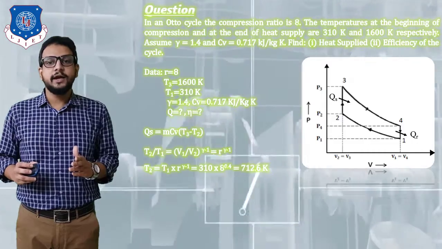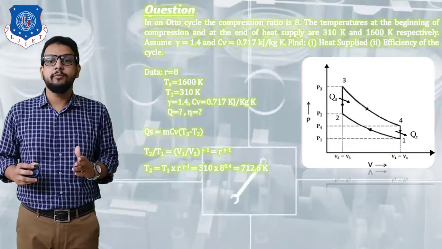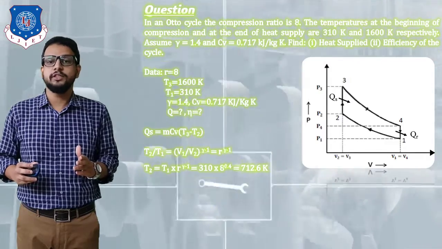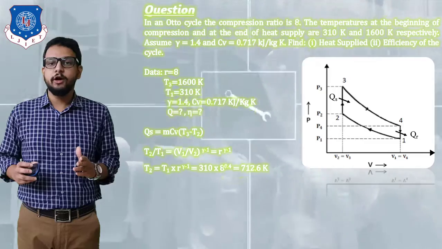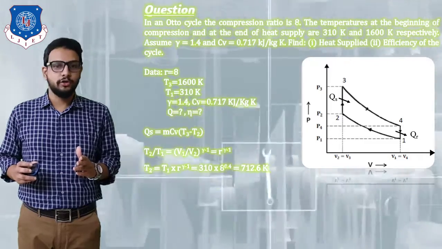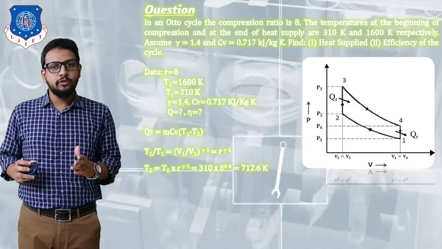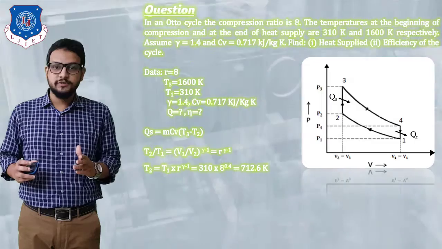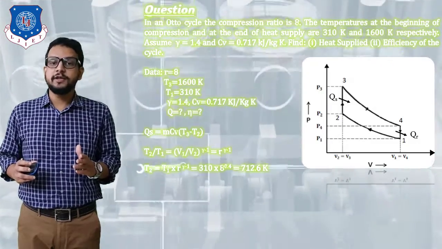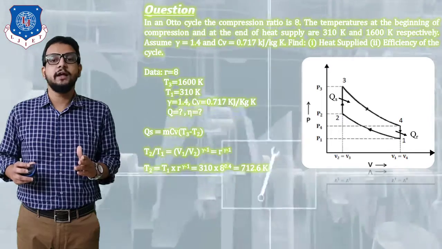Heat is supplied at constant volume, so CV, and it is supplied during the process from state 2 to 3, so T3 minus T2. Now observe the equation carefully, whether the requirements of the formula are satisfied or not. Mass is going to remain 1 kg throughout this process, CV is given, and T3 is given in the data. But unknown is T2, the temperature at the end of compression.